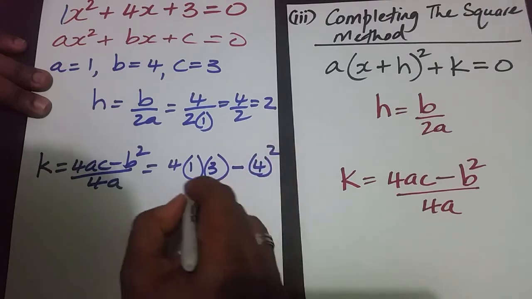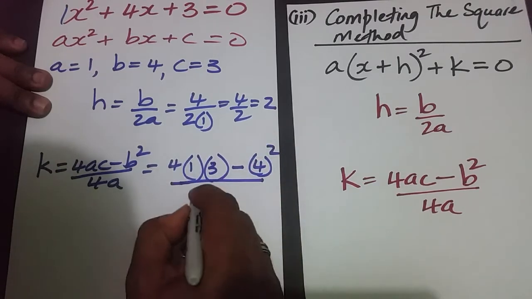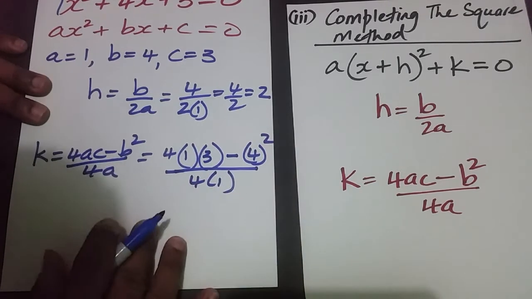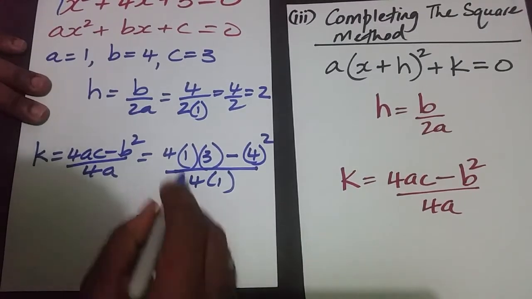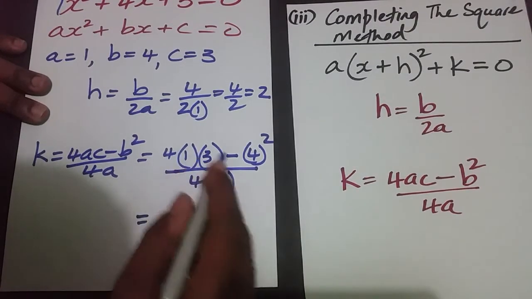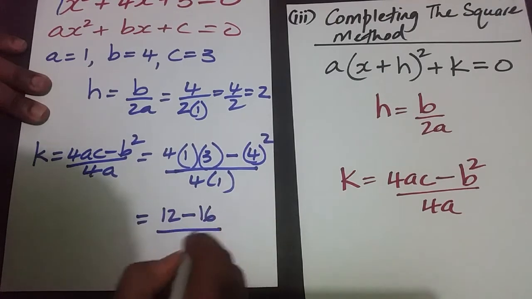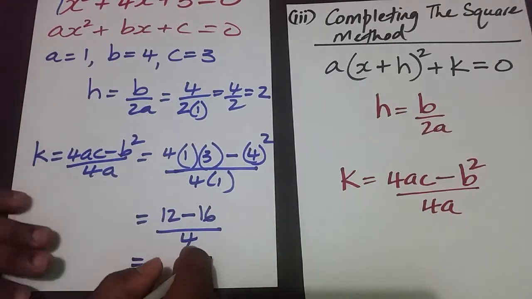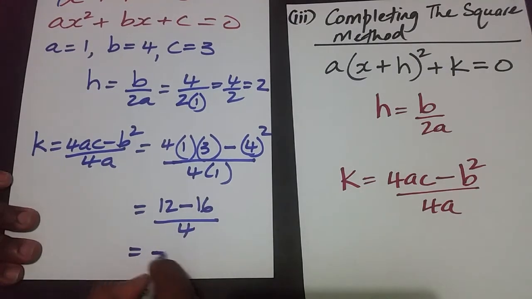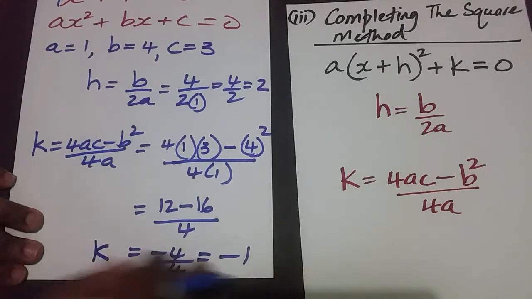I'm putting that in brackets for good reason, and all over 4 times 1. So this is simply going to be 4 times 1 times 3, which is 12, and we have 16 there over 4. 12 minus 16 is negative 4, and negative 4 divided by 4 is negative 1. So the value of k is in fact negative 1.